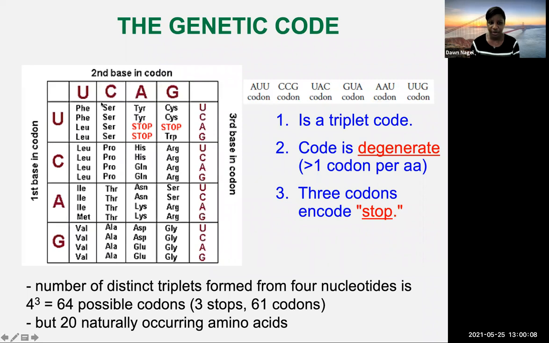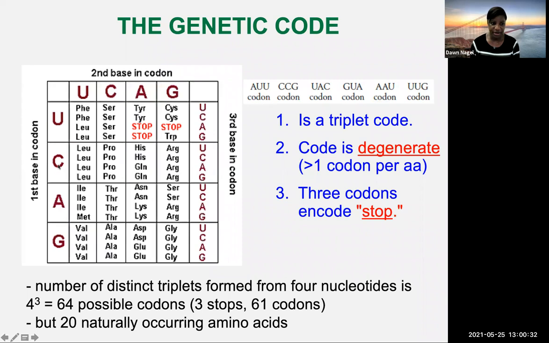You have this genetic code that is a triplet code, so it's 3 different nucleotides, okay? So every 3 bases represents a particular codon. This code is degenerate, right? So that means that you can have more than 1 codon per amino acid. So for example, let's say we're looking at leucine here.